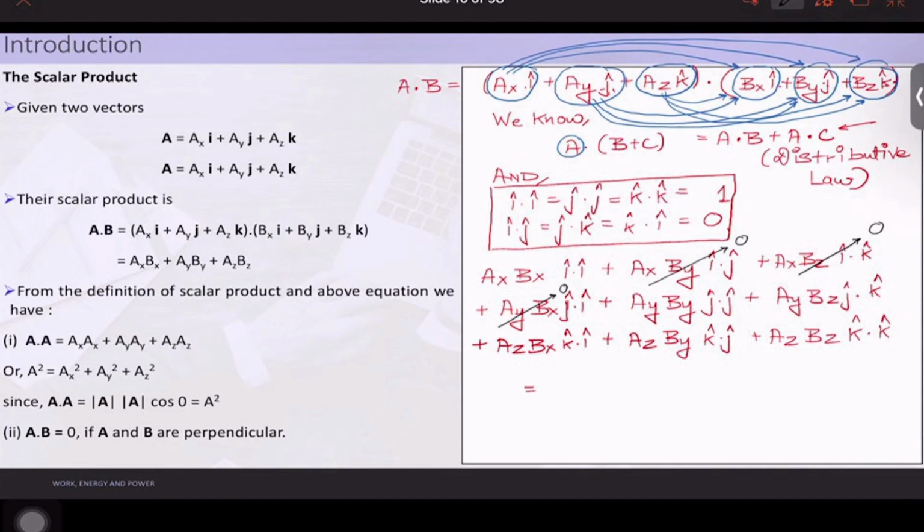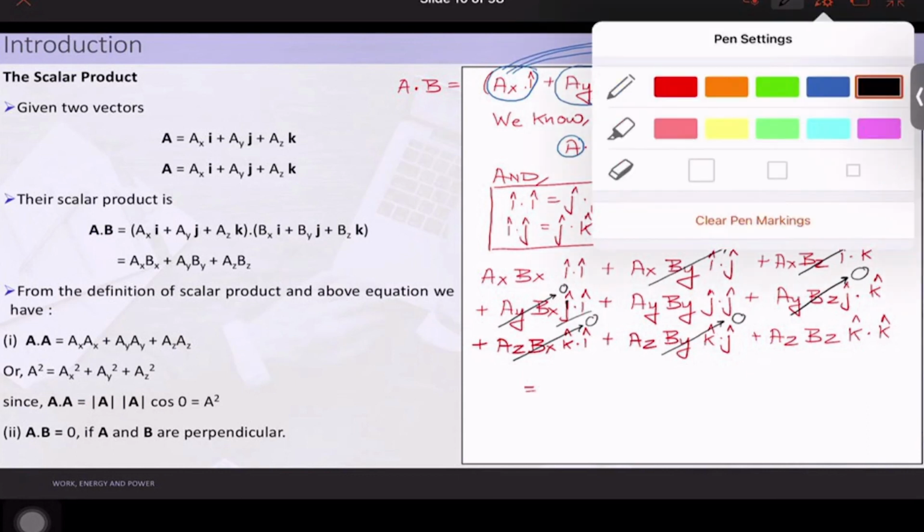Similarly, J dot K is equal to K dot J due to commutative law, and similarly K dot I is equal to I dot K for commutative law. This also I proved in the last class only. Okay, so therefore as it is J dot I, this can be also said as equal to I dot J, and hence this will also be 0. Okay, fine. So then this is again 0, then this is 0, and this is 0.